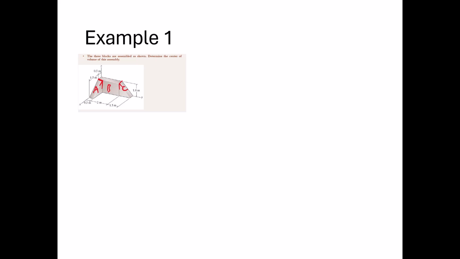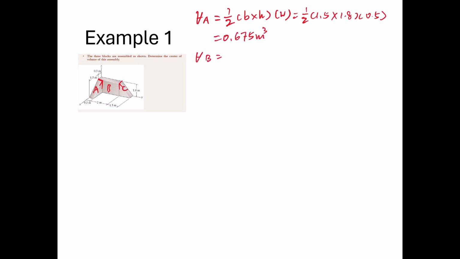So first, let's calculate the volume of A. Volume of B is base times H times width.